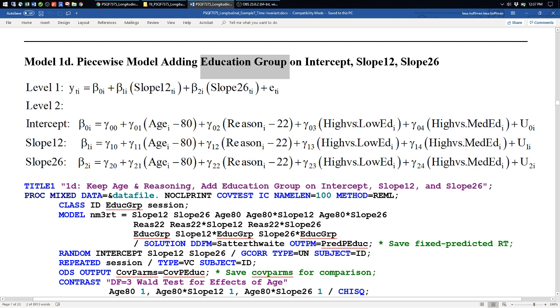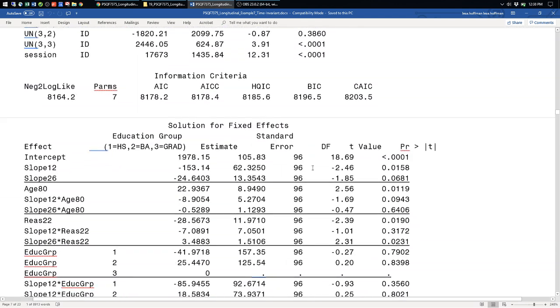I have written out the contrasts that the model is going to fit for us because we are putting education group on the class statement. So when you put it on the class statement, the last group, alphabetically or numerically, is the reference. So in our coding, 1 is low, 2 is medium, and 3 is high. That means high is the reference. And so I've written these contrasts to be high versus low and high versus medium because that's exactly what the model is going to give us.